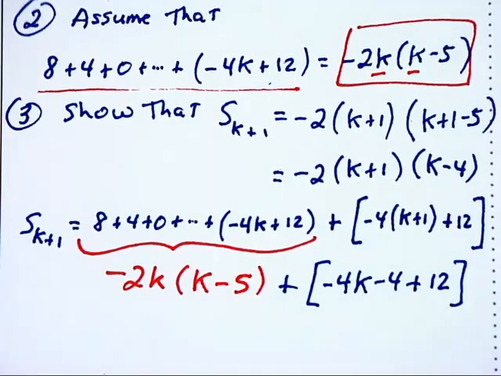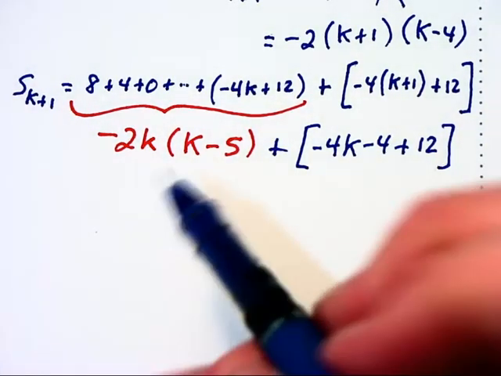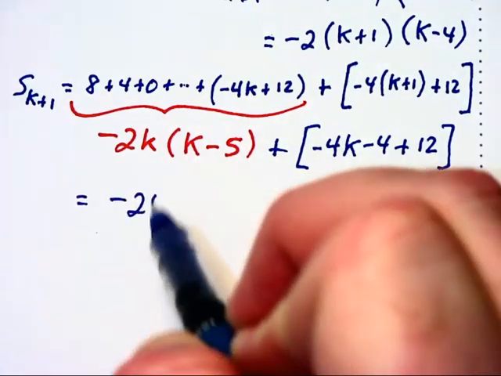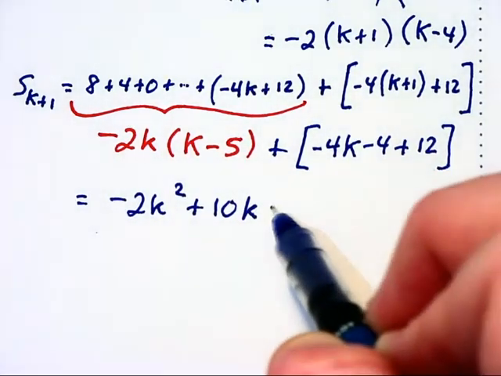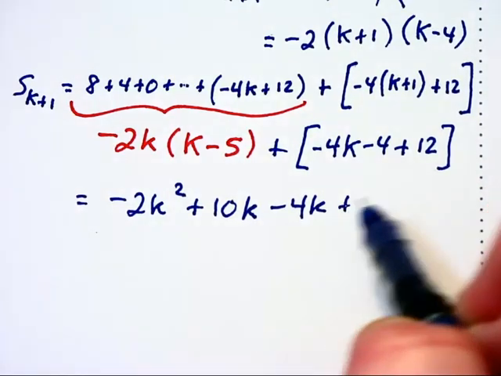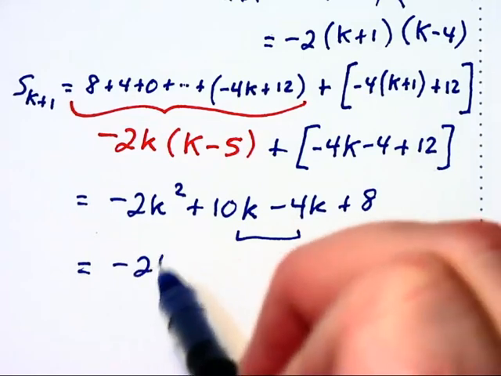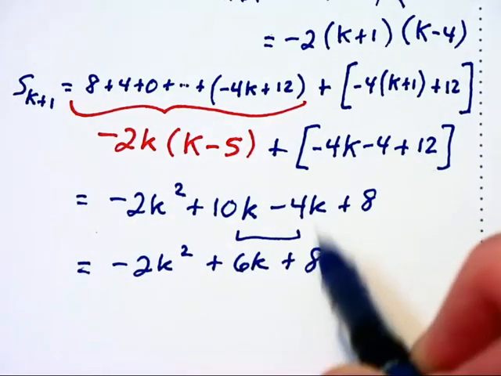Now let's do the algebra here and simplify this expression. I'm going to distribute here. We will have equals -2k squared plus 10k minus 4k plus 8. Combining like terms, we have -2k squared plus 6k plus 8.